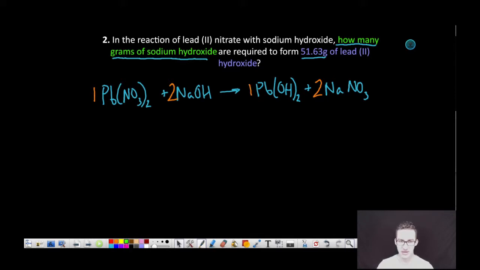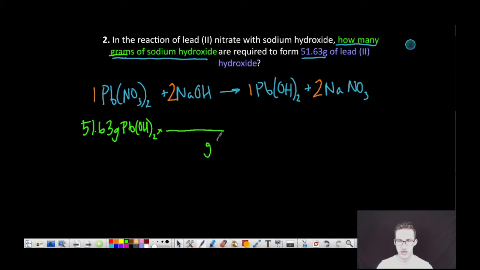Now we can begin to answer this question. Again, we're going to start with the amount that were provided in the problem with the 51.63 grams of the lead 2 hydroxide. We were trying to figure out how many grams of sodium hydroxide we needed to make this much lead 2 hydroxide. So again, we're going to work through some dimensional analysis until we get to grams of sodium hydroxide.